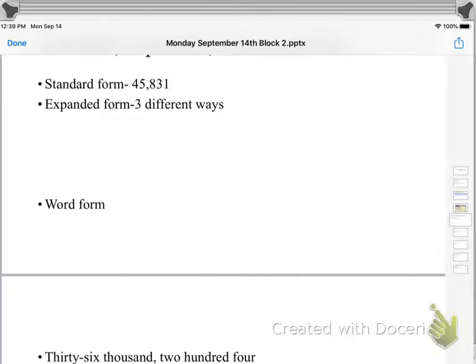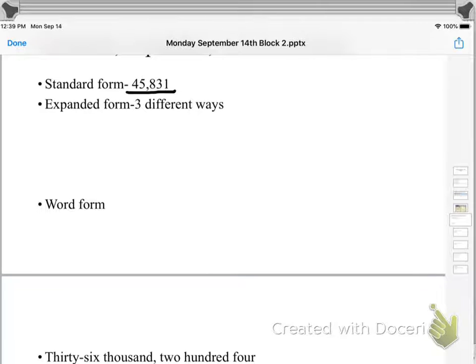Then in math class today, we looked at standard form, expanded form, and word form of numbers. Now, standard form is the number form which we normally see. So in this case, 45,831. Now, you've been doing expanded form since you were probably in second grade, and you have seen it where they pull apart the values.